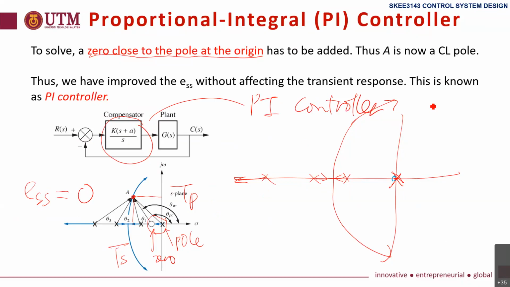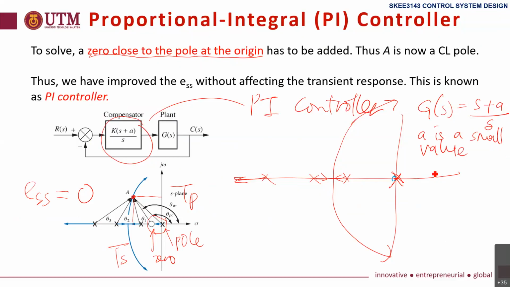That means, in short, G(s) = (s + a)/s is the PI controller. a is the one we have to determine. But there is no calculation to find a. a is a small value.